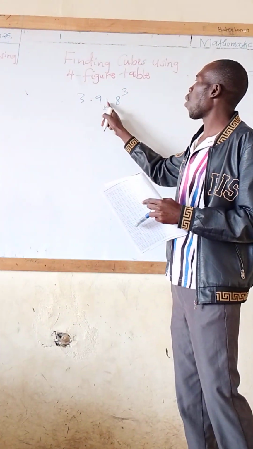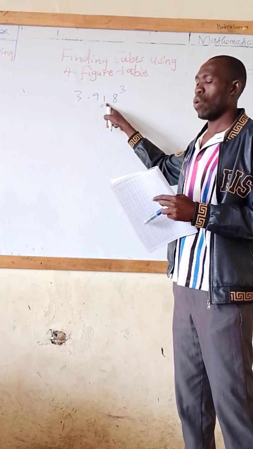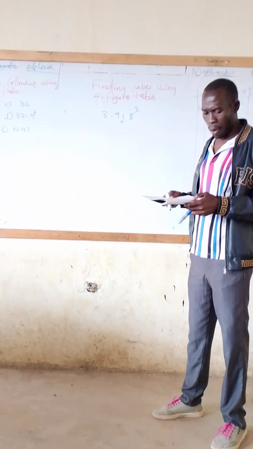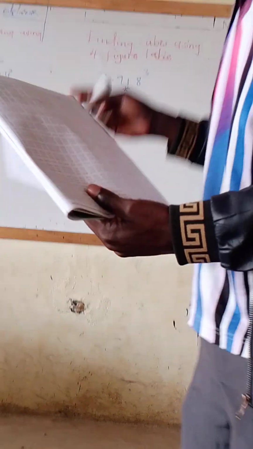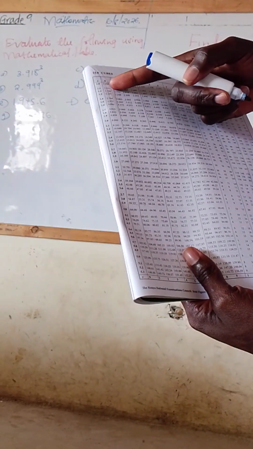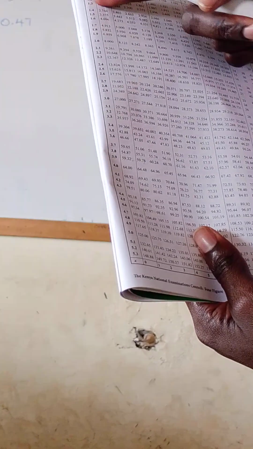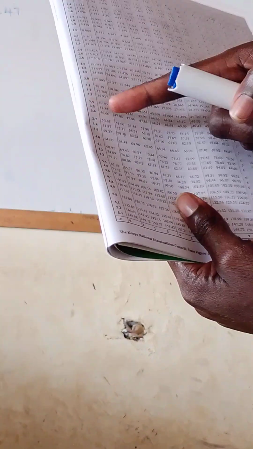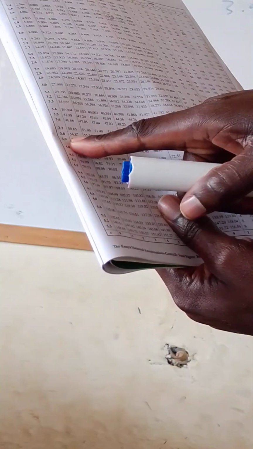So in our case, 3.9 we have gone to it. Then we go to 1. So what will we get under 1? If we go to the mathematical table, we'll get this. So we have the cubes. Under the cubes we have 1.0 where there is written x, 1.1, 1.2, 1.3. So we go up to where there is 3.9. So we will see 3.9 somewhere here. Under 3.9 we go under 1.